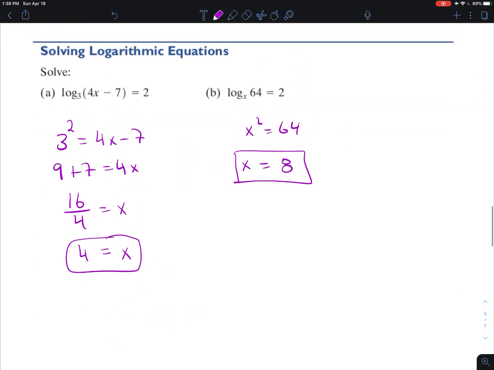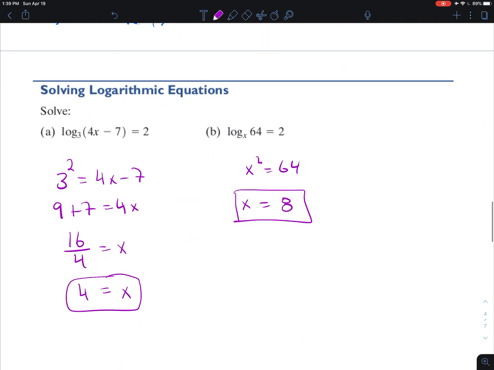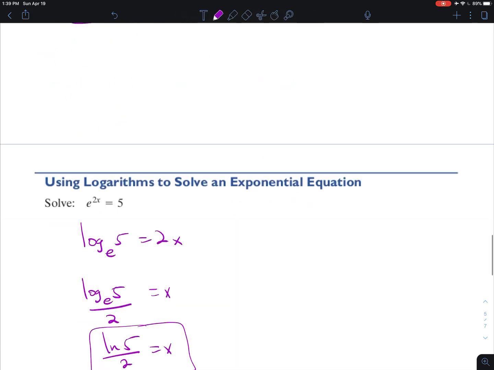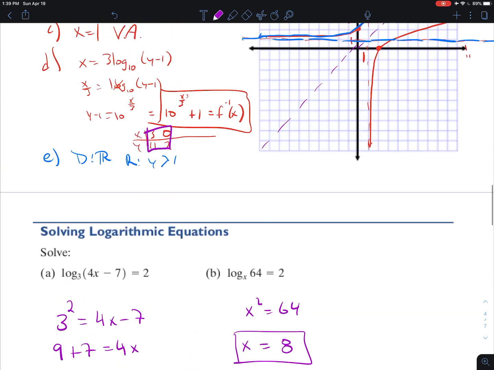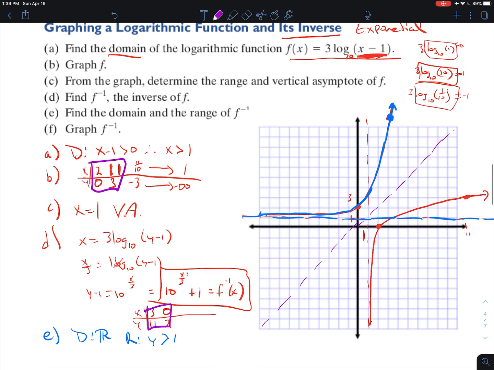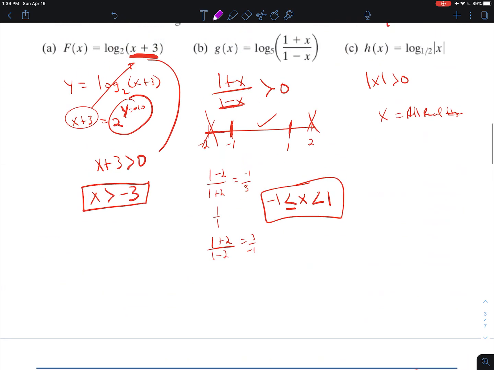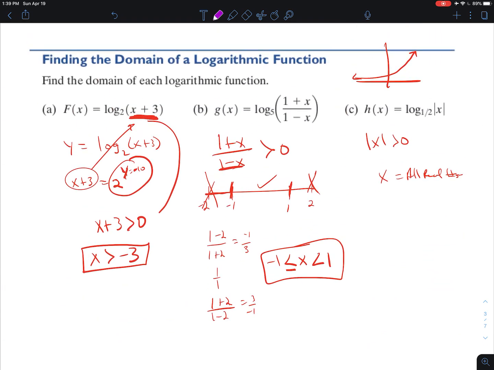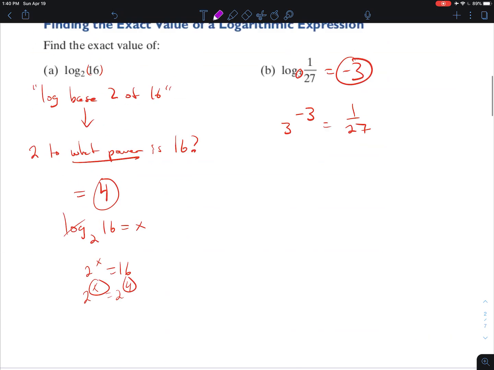But you should be on your way solving logarithmic equations using exponents, solving exponential equations using logarithms, the graphs of exponentials and logarithms and how they're related. Remember that for the domain of the log function, the argument has to be greater than 0. I took all these arguments and set them greater than 0.